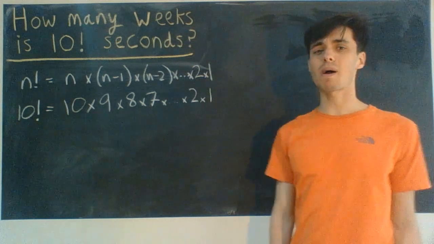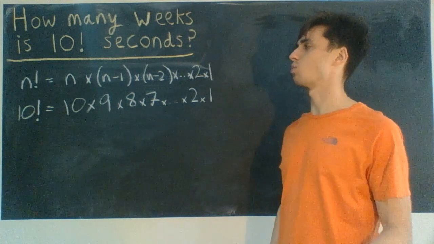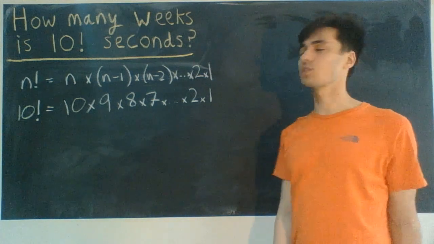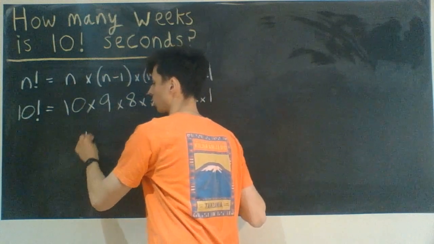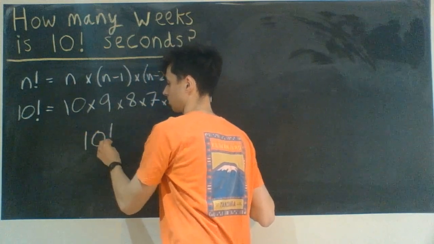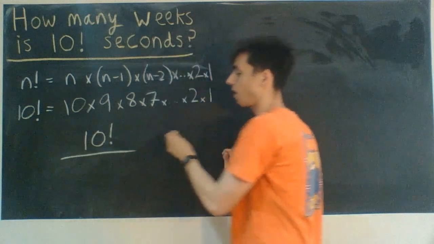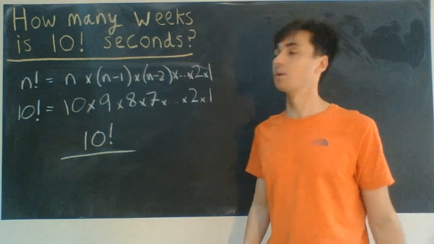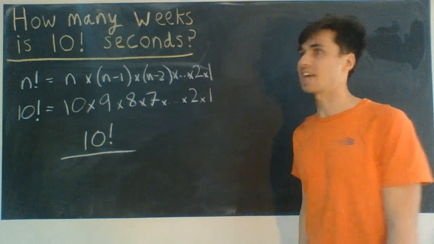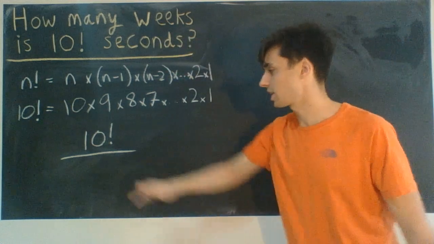Well, we want to think about the number of seconds in a week. And that means our answer is going to look like this. We need to take 10 factorial and divide it by the number of seconds that make 1 week. That will convert our answer from seconds to weeks. So let's write that below.